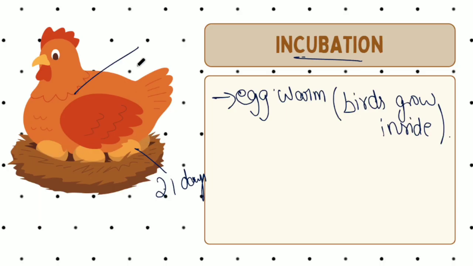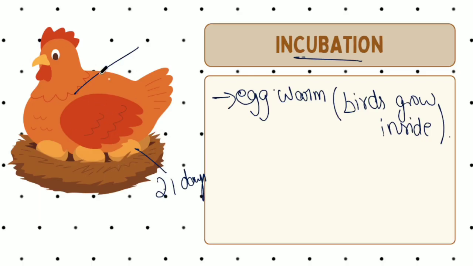This helps the baby bird inside the egg to develop and hatch. It takes a few days, like 21 days, depending on the bird. So it will take almost 21 days to hatch out.